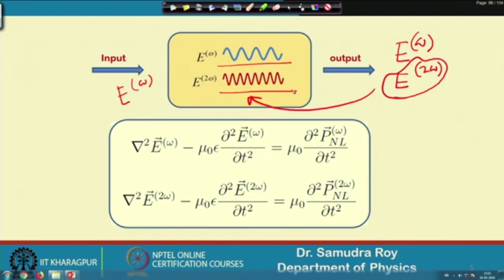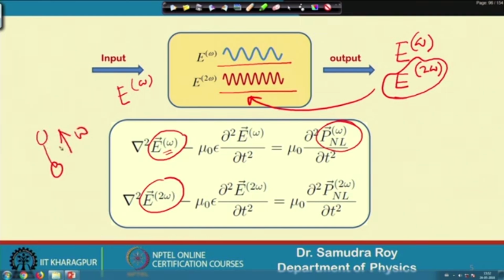Basically the equation is the same; the electric field components E omega and E 2 omega are different, but the equation is the same. For the electric field component E omega, the source term is P nonlinear omega, as I mentioned. So, when you launch the electric field, the dipole will vibrate at frequency omega and start generating a field of omega.